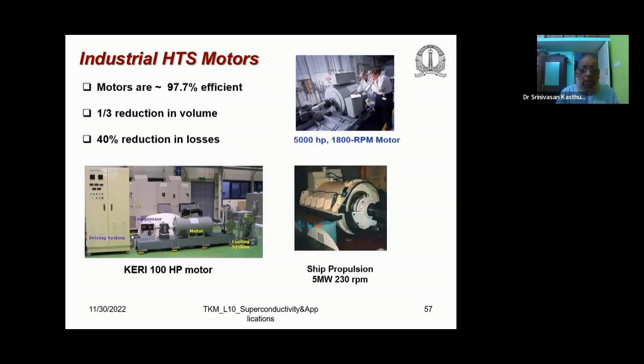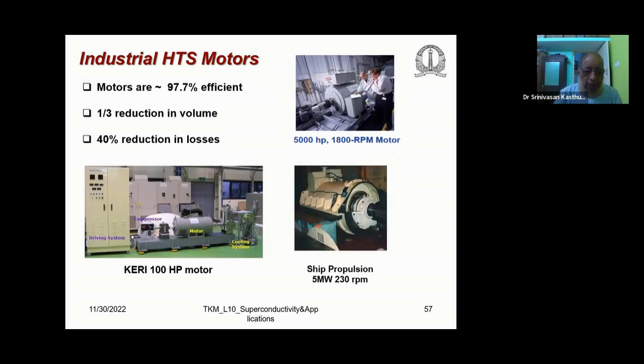Now coming to the industrial high temperature superconducting motors. These motors are pretty efficient, 97.7% efficiency, and normally they have a one-third reduction in volume and 40% reduction in losses.